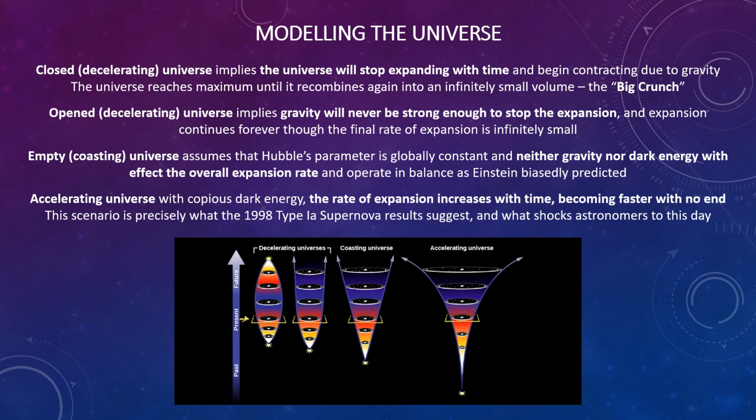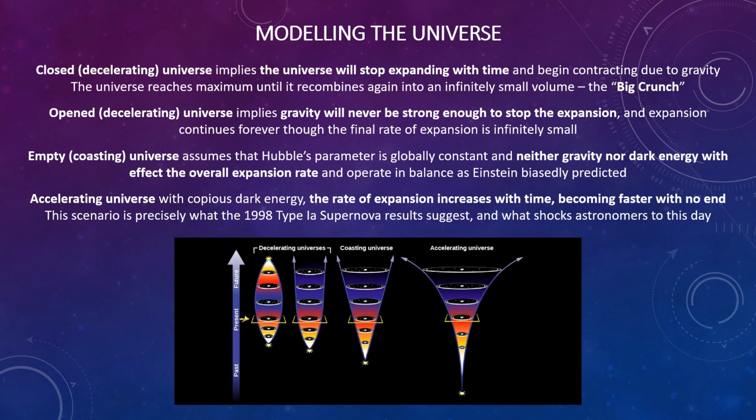So we can model these possible scenarios of what the universe will evolve into. So a closed universe would be a decelerating one that implies that the universe will stop expanding eventually and then begin to contract due to gravity. It will reach a maximum until it recombines again down into an infinitely small volume.